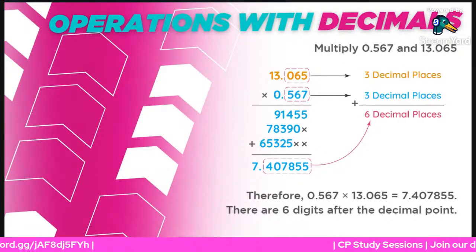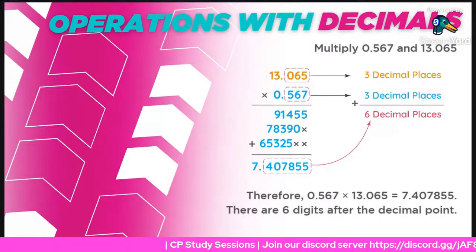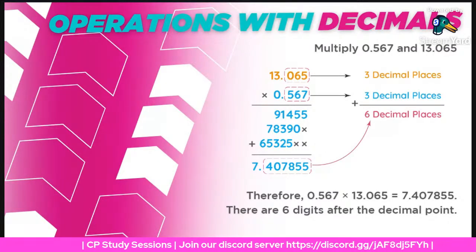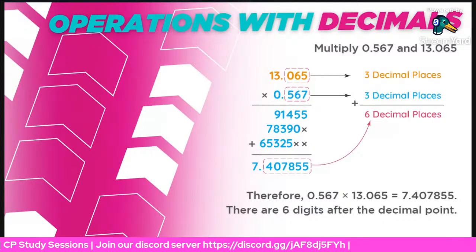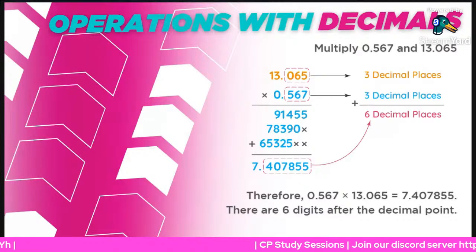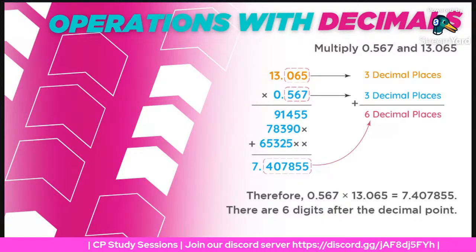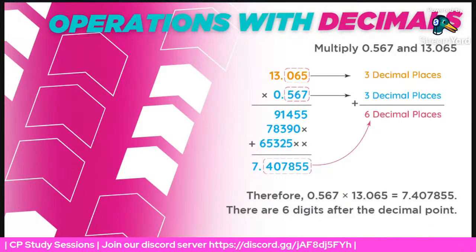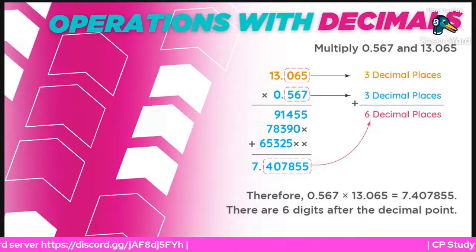So for example, let us multiply 0.567 and 13.065. So ilan ang decimal places ng lahat? Tig-ilan ang decimal places ang given natin? 6. So kung napapansin nyo, yung product natin, 6 decimal places.